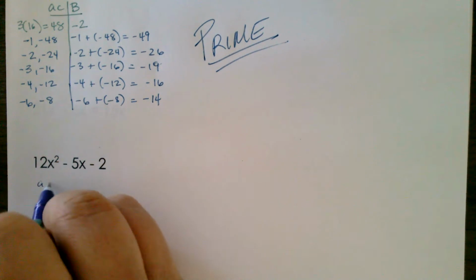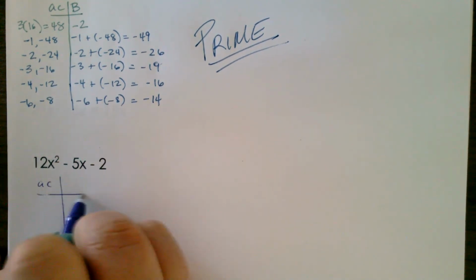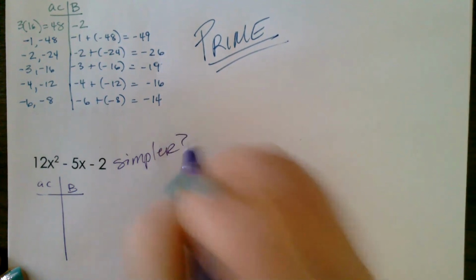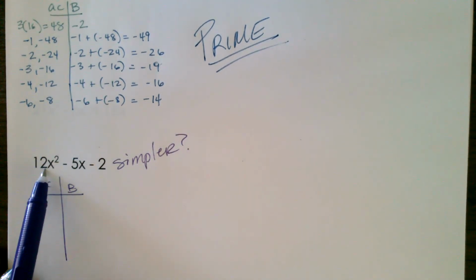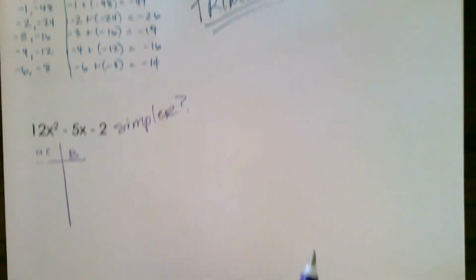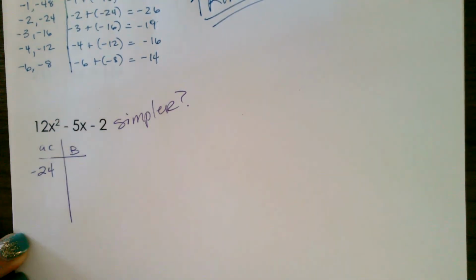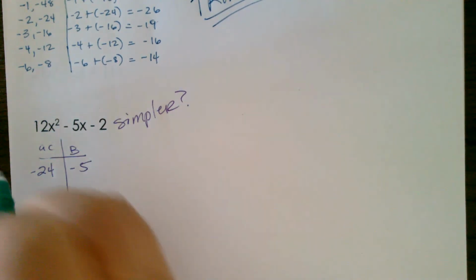All right, really quick, I'm going to make my ACB chart. I did ask myself, can I make this simpler? There isn't a number that goes into 12, 5, and 2. My ACB chart, I would have -24 here with a sum of -5.